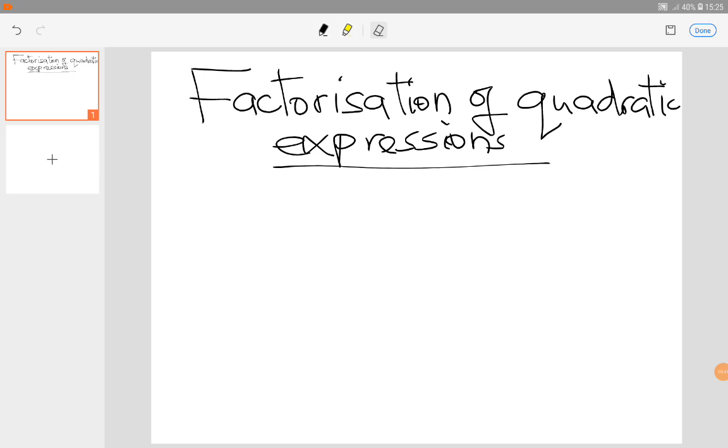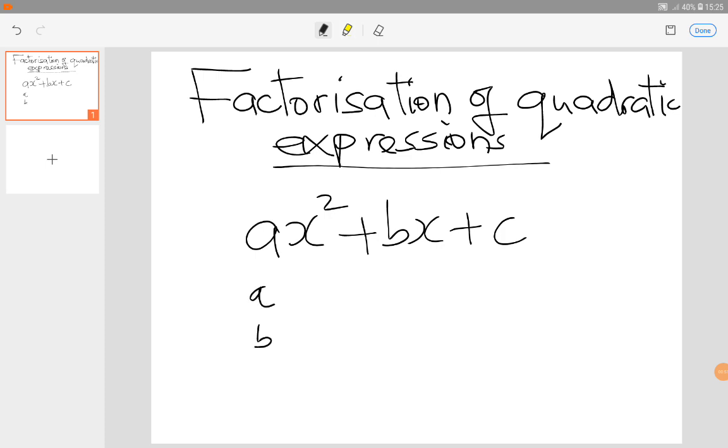So what is a quadratic expression? To begin with, a quadratic expression is an expression of this format: ax squared plus bx plus c, where a, b, and c are all constants or integers or whole numbers.